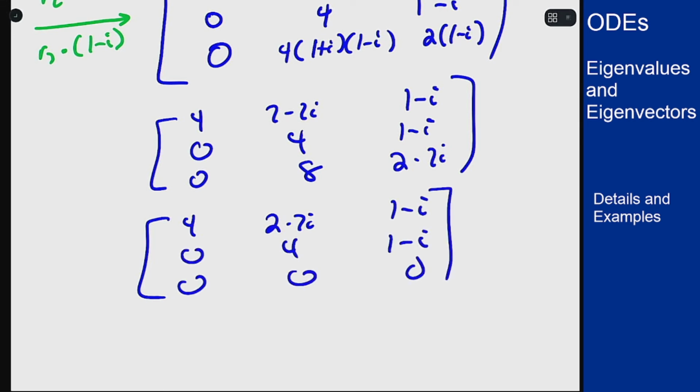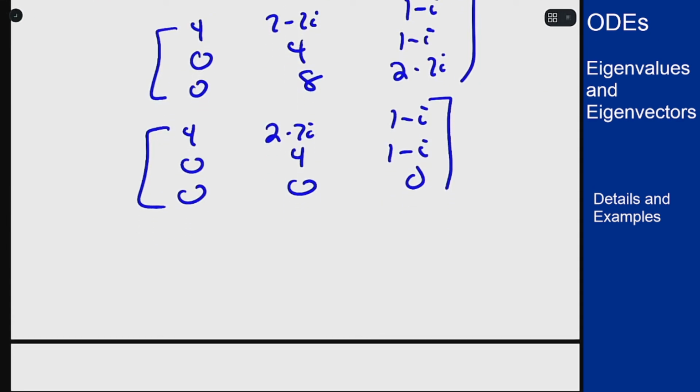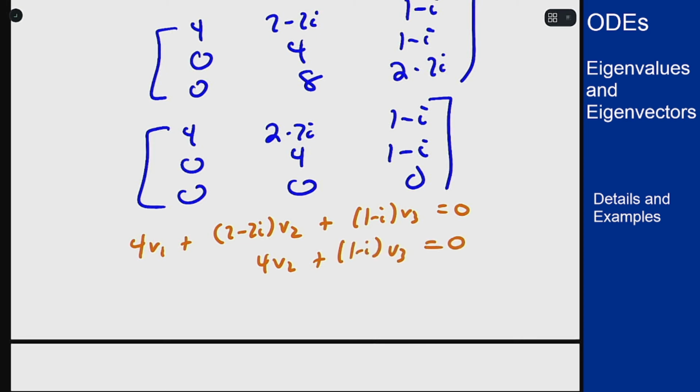0, 0, which gives rise to a system of equations to solve as 4v1 plus (2 minus 2i) v2 plus (1 minus i) v3 equals 0, and 4v2 plus (1 minus i) v3 equals 0. So what I'm going to do is pick v3.